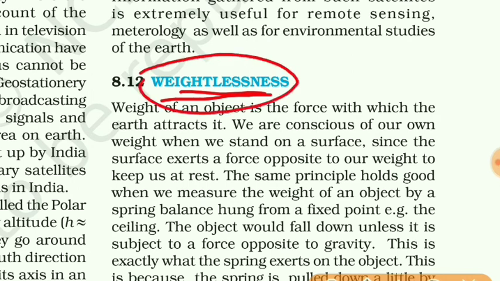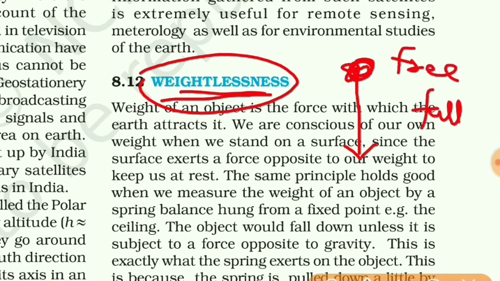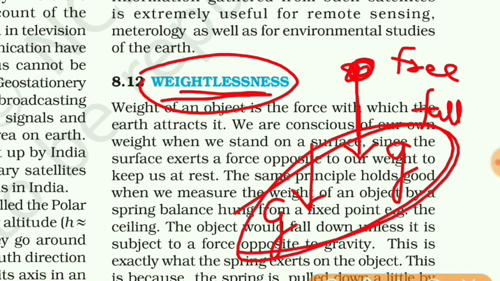Or if an object is falling freely due to earth's gravitational force, so when the object is in free fall, in that case the acceleration of the object is also g, and the Earth's acceleration due to gravity is also g. So both these g will cancel each other, and so during free fall also the object will not experience any weight.